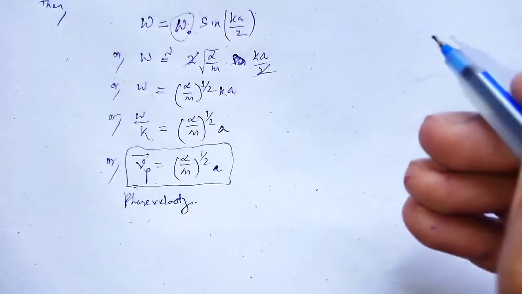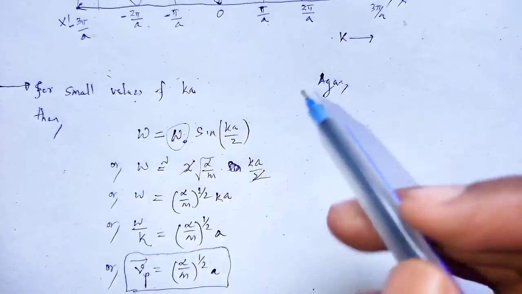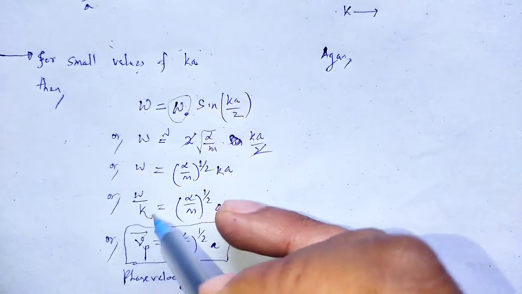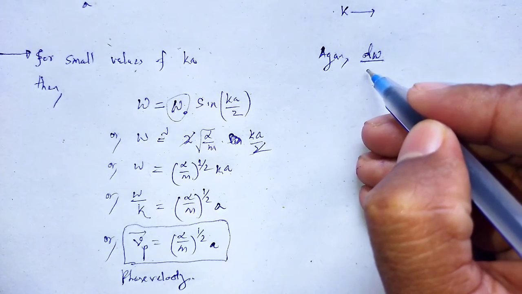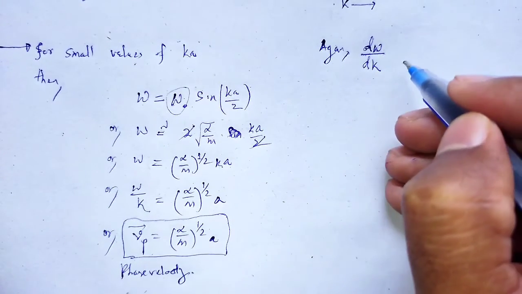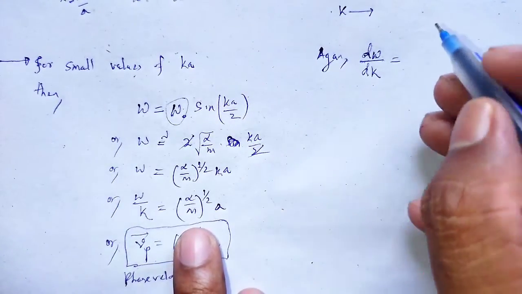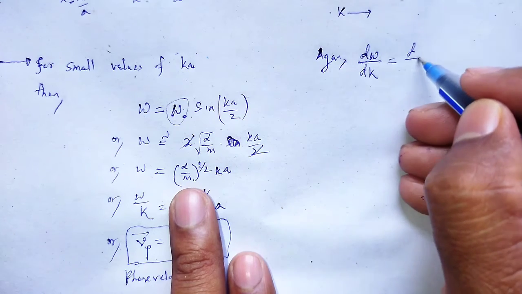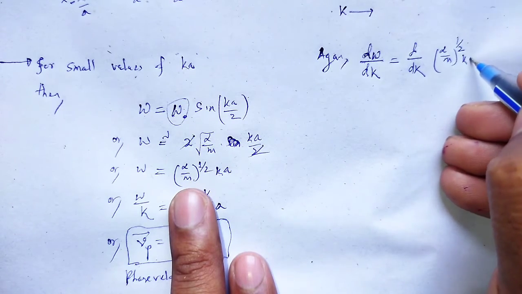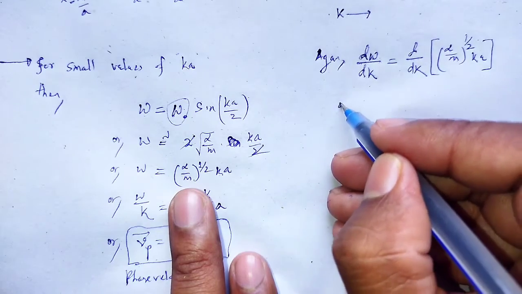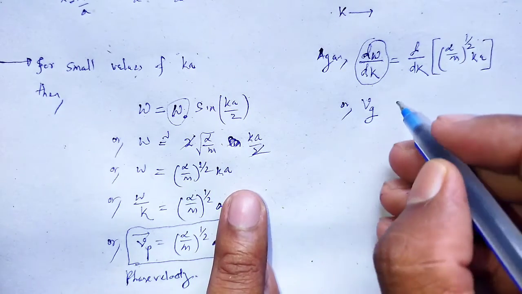Again, if we differentiate that quantity, d omega with respect to dk, we substitute for omega the value (alpha by m) to the power half Ka. d omega by dk is nothing but the group velocity.